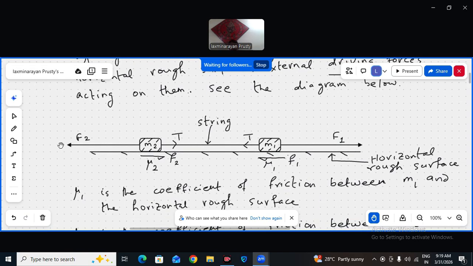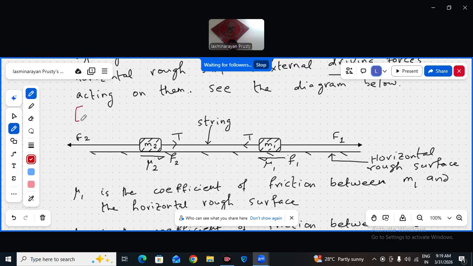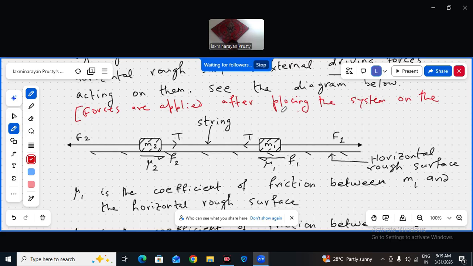We can write this as forces applied after placing the system on the floor. Okay, fine.